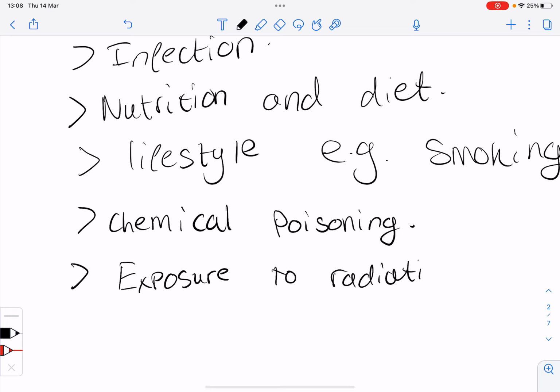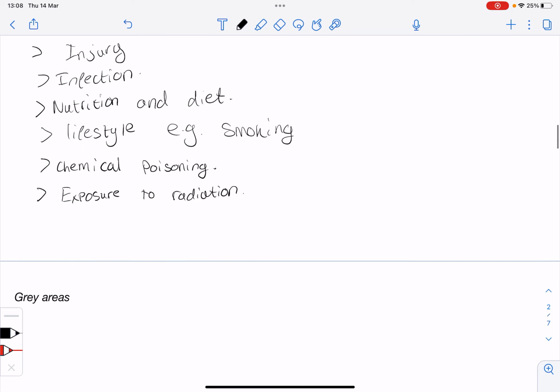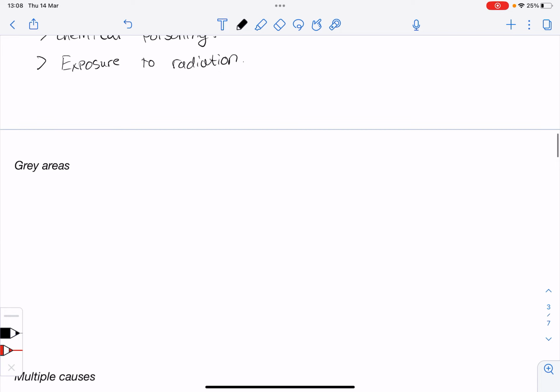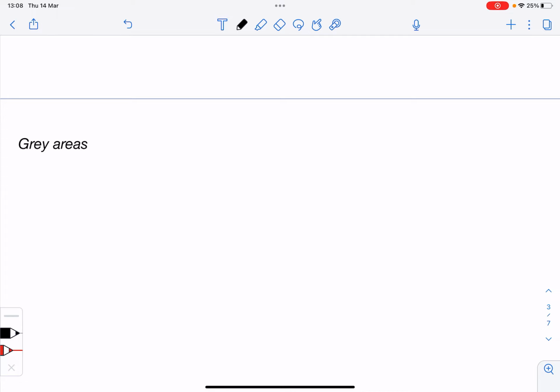You just need to protect yourself with sun cream. So extrinsic causes are those: injury, infection, nutrition and diet, lifestyle, chemical poisoning, exposure to radiation. Okay, but there are some grey areas here because the terms intrinsic and extrinsic can be a bit ambiguous.